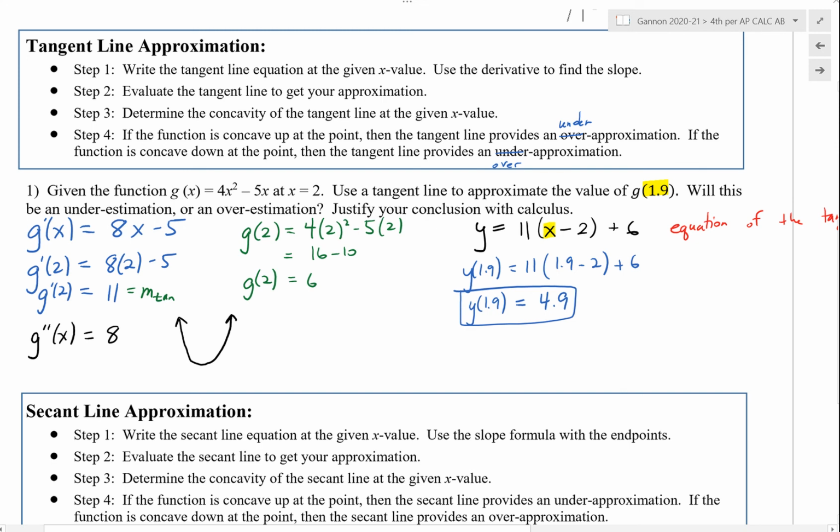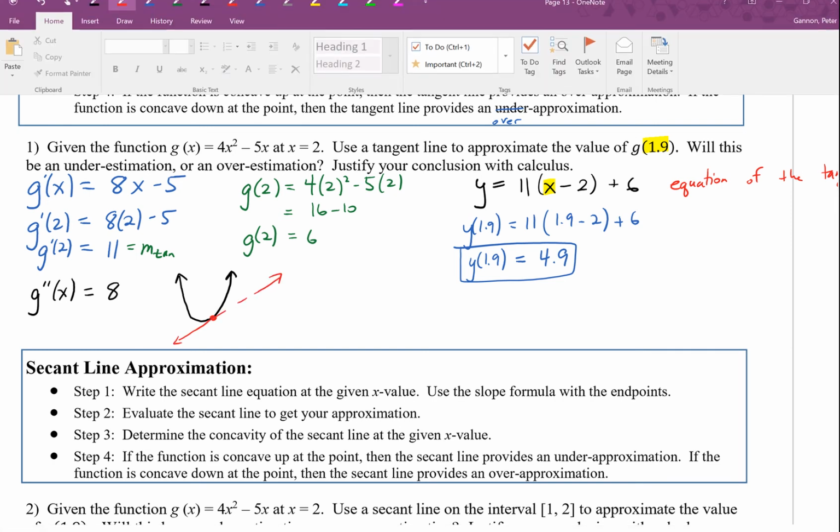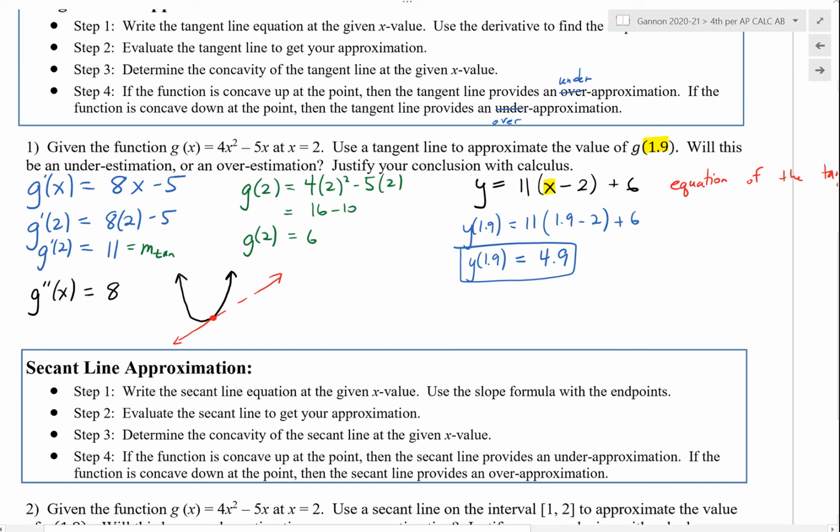Now, in order to decide if this is an over or under approximation, think about it like this. If this is my curve, and I have the tangent line, let's say at this point, so that's the tangent line at 2. Your tangent line is going to look like this. And if this is 2, then 1.9 might be approximately here.